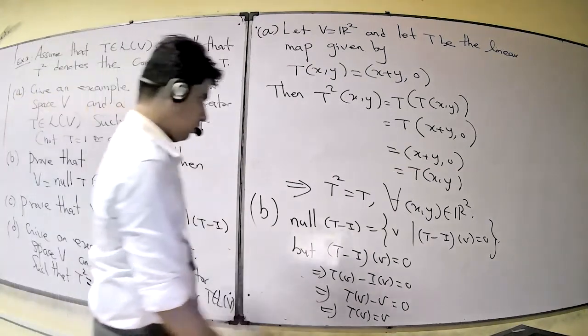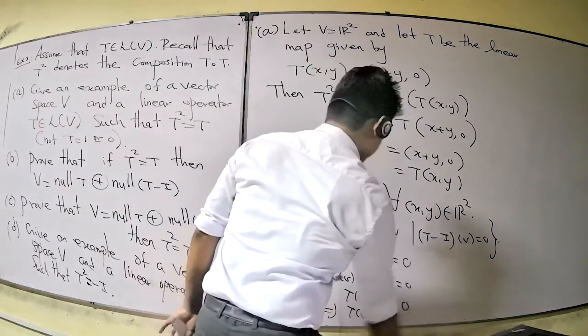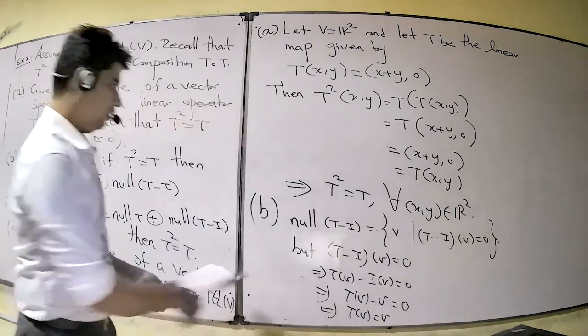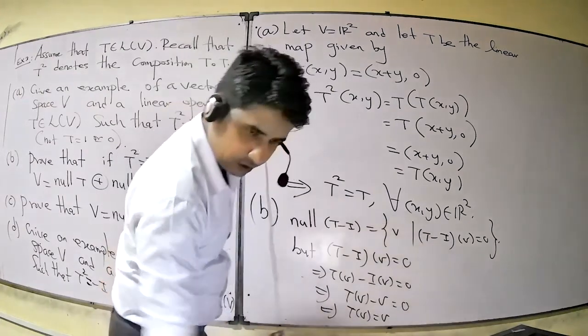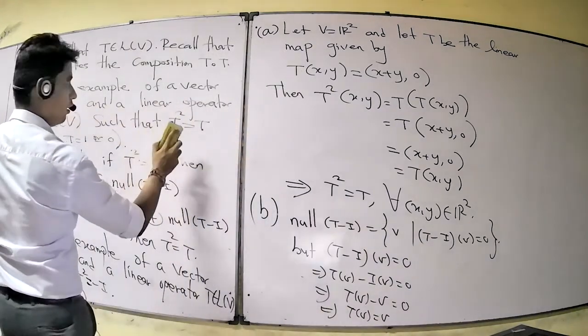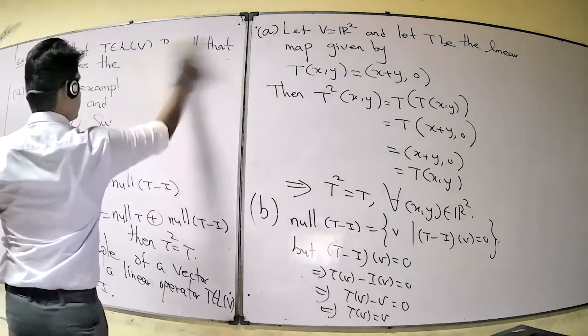Therefore, we derive this part, and we get a null space set. Null of T minus I, what is the set? We will write that set first.